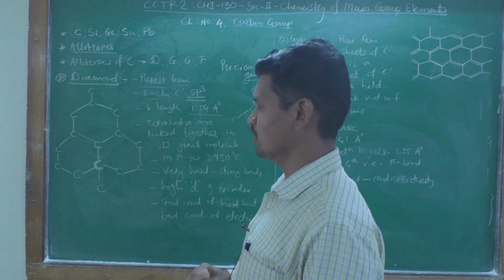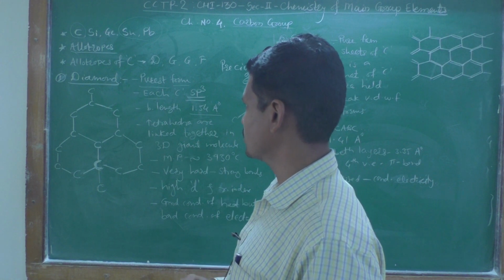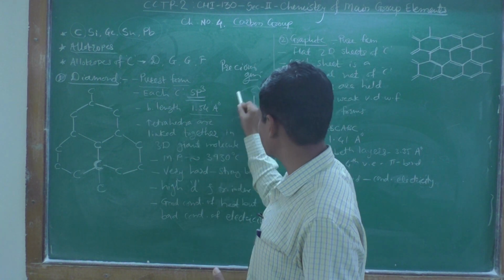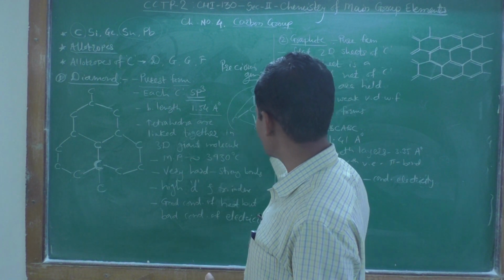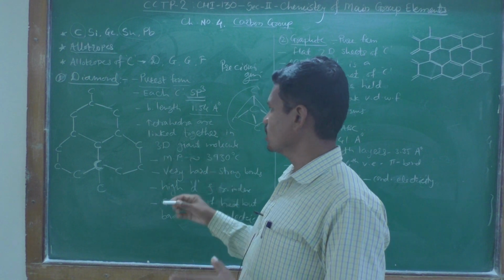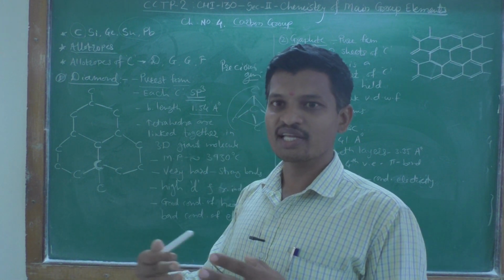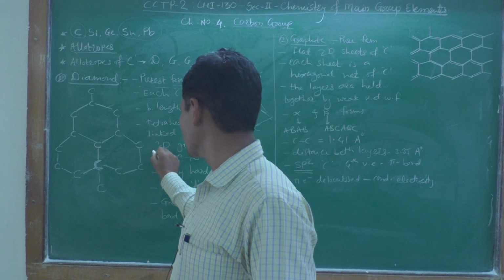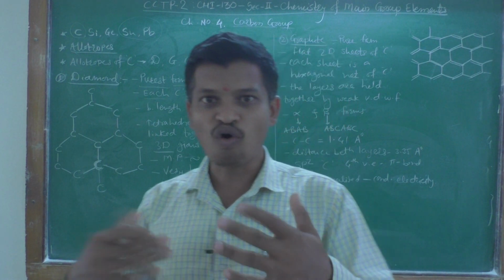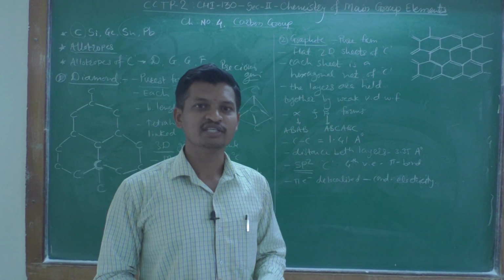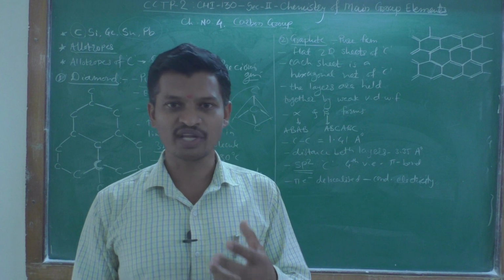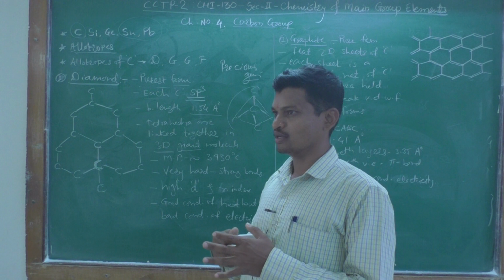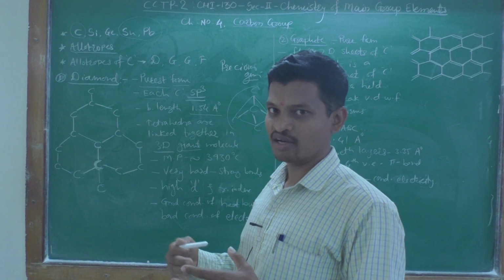Then all these tetrahedra, 1, 2, 3, 4, are linked together in a 3-dimensional network to form a giant molecule. Giant means a very big molecule. So a very big molecule is formed by the linking of all these tetrahedra together.